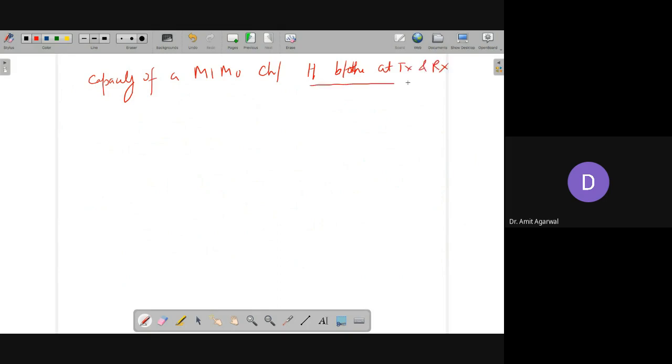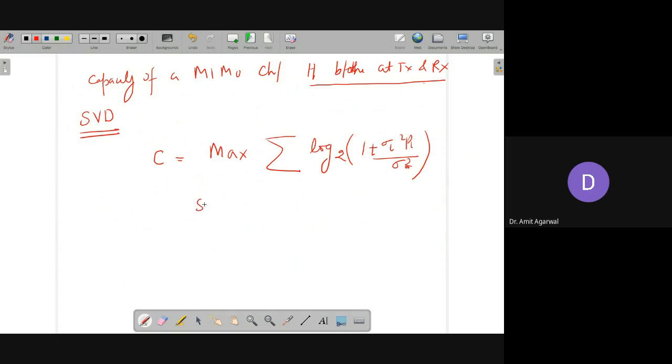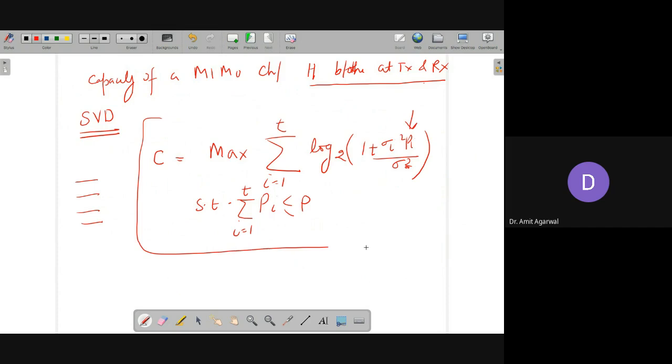Since you know H at both, you apply the SVD concept and convert to parallel channels, and the sum rate is the maximum possible sum rate subject to sum of Pi less than or equal to P. Our aim is to find what power we should insert in each stream, which maximizes the total sum rate.